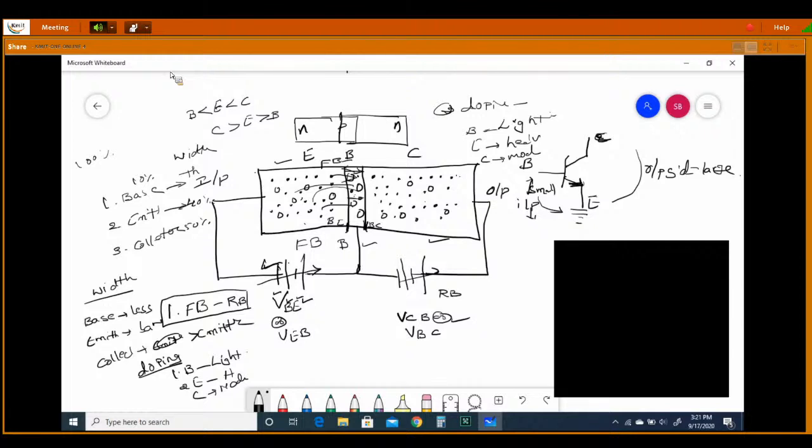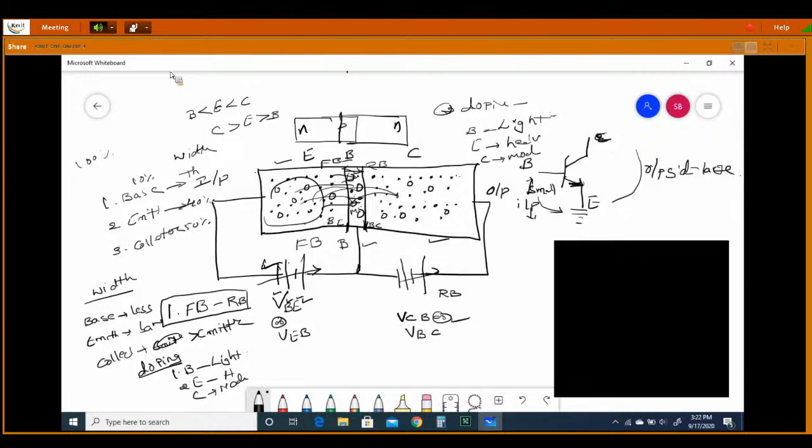Now what are the minority charge carriers in the base? Now see, these electrons, due to the forward bias, come to the P region and become minority charge carriers. Now due to the reverse bias applied at the base collector junction, these minority charge carriers will come to the collector region. That means all the electrons present in the emitter will come to the collector region, not only 90% of the electrons.